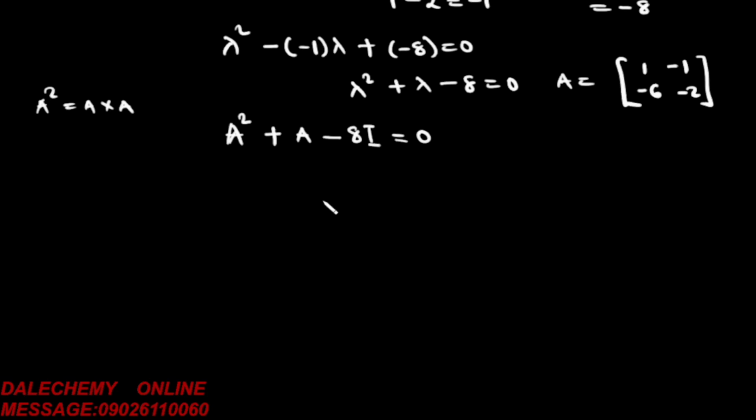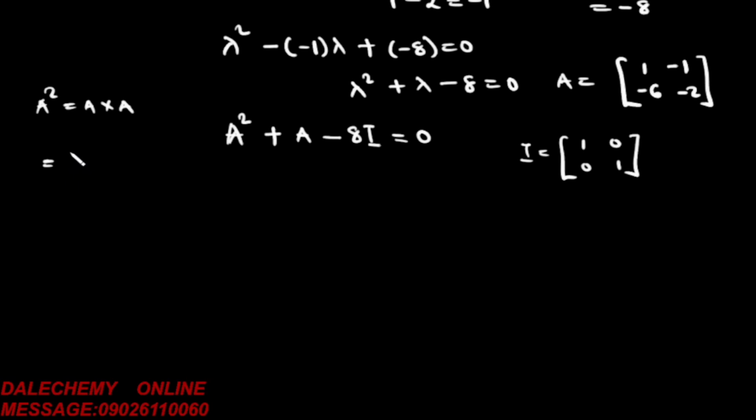So let's find A squared, because we already know A, and we know the identity matrix I, which for a 2 by 2 matrix is 1, 0, 0, 1. So we need to find A squared.